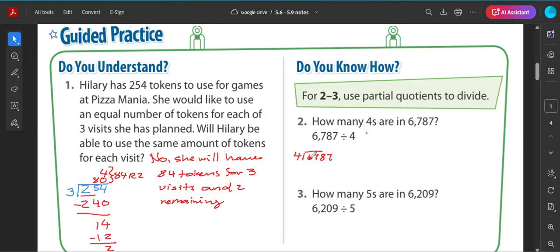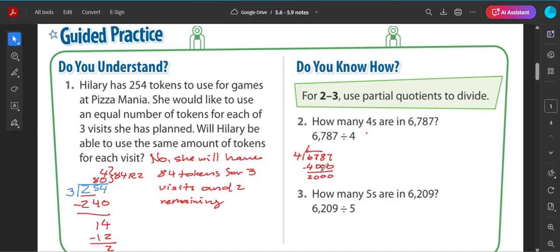I know 4 can go into 6 one time. So if I want to use partial quotients, that's fine. In this case, I'm going to go ahead and use my long division. So now I'm going to subtract 4,000. And I'll get 2,000.